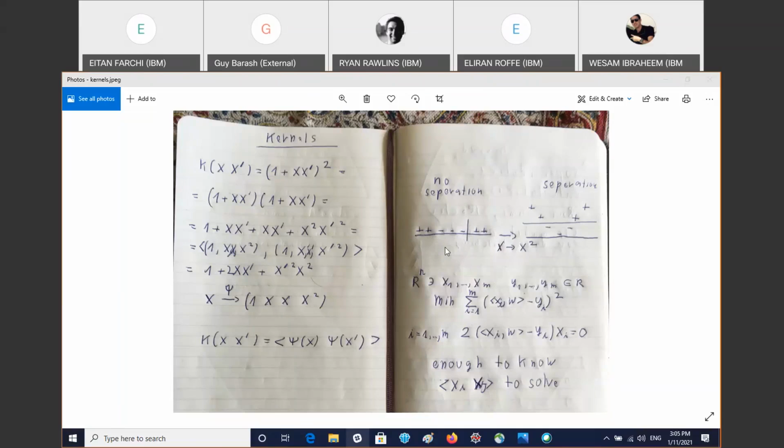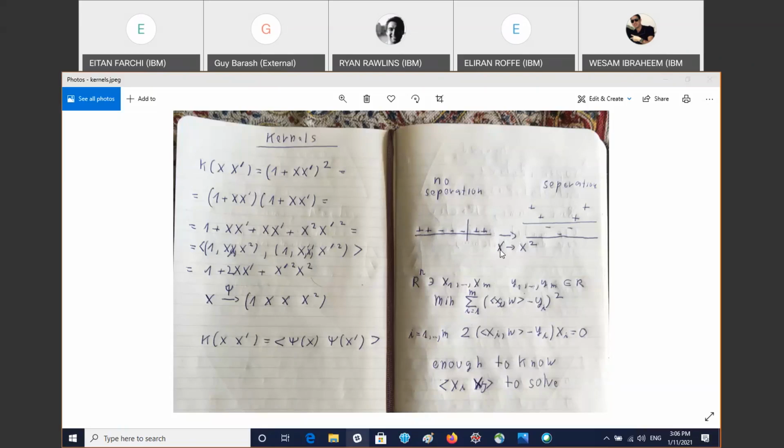You can't successfully separate them by saying if x is less than 3, then it's minus, and if x is bigger than 3, then it's plus, because wherever you put this threshold, you'll have some mixture of pluses and minuses on one of the sides. So basically, the example on the left is not separable using a hyperplane.